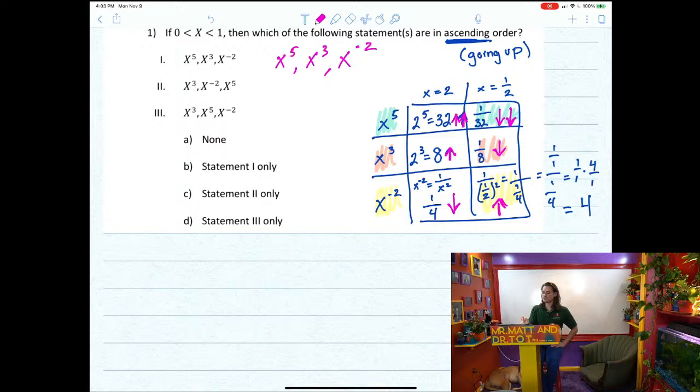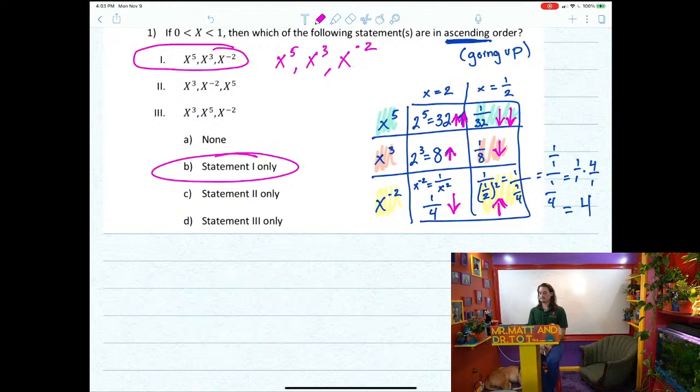So your answer here is statement 1 only, and that's answer selection B.